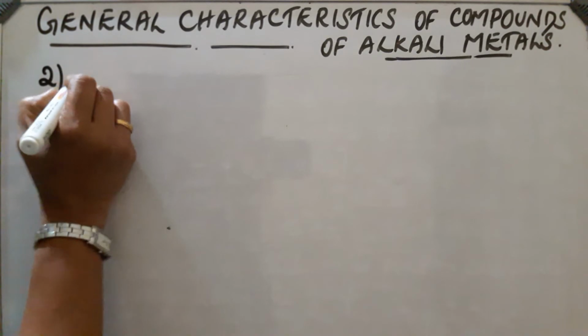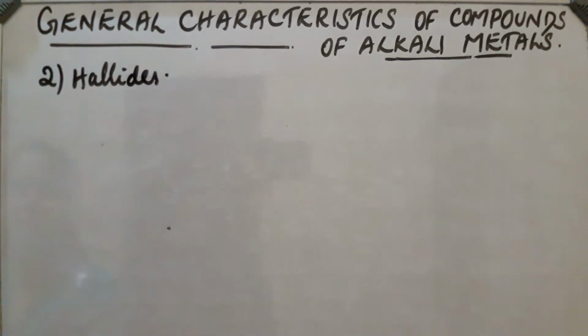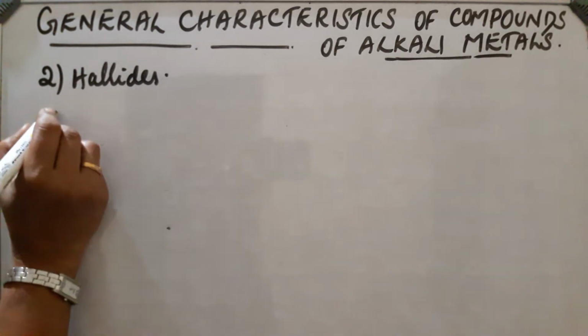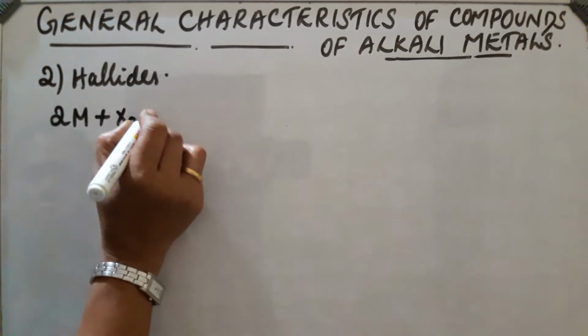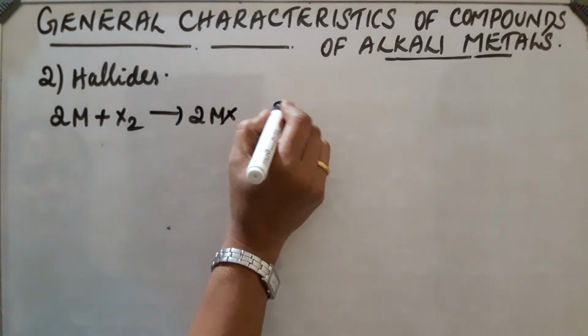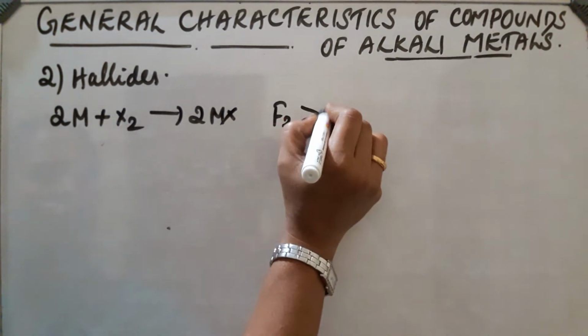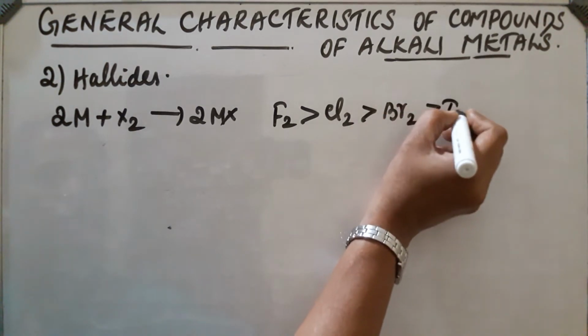Halides. Alkali metals form metal halides with halogens and they are ionic, colorless, crystalline solids and have high melting points. The reaction is 2M plus X2 gives 2MX. The order of reactivity is fluorine more reactive, then chlorine, bromine and iodine.